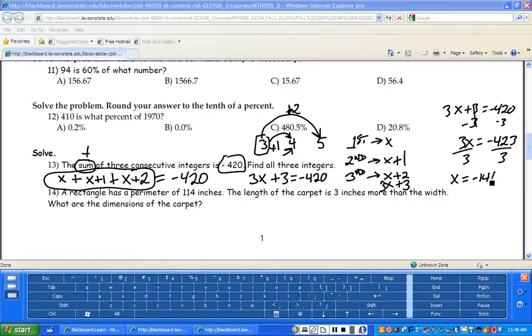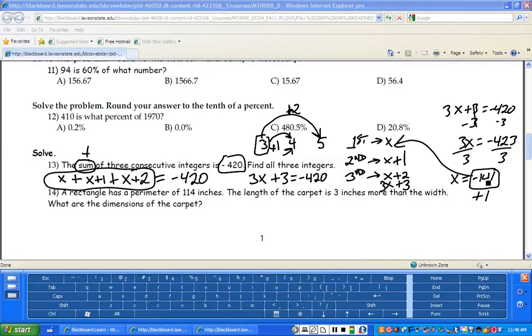Alright, so if x is negative 141, then you know this is your first number. So negative 141 is your first number. So your second number would have to be negative 141 plus 1. Alright, because it's x plus 1 for your second number.